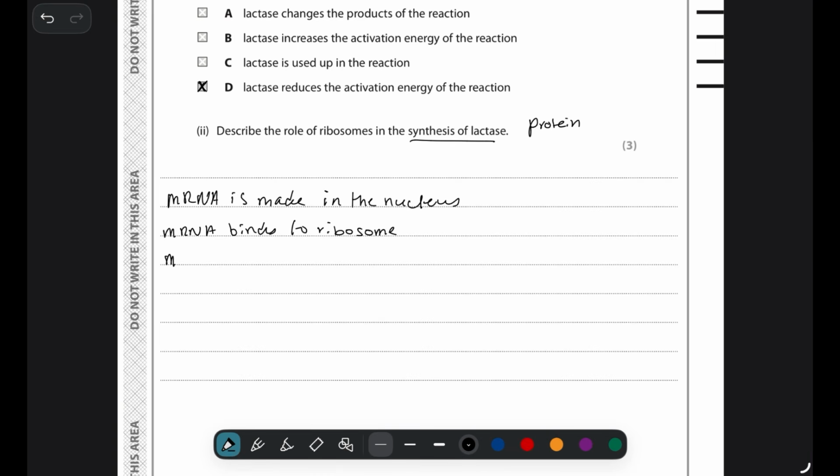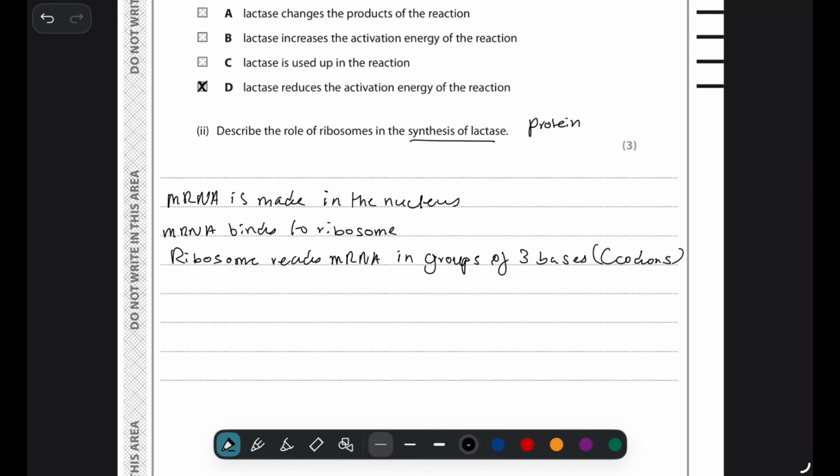So that's what you want to say. Ribosome reads mRNA in groups of 3 bases, which is called codons.